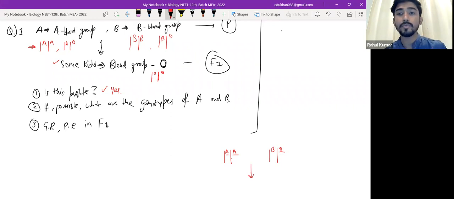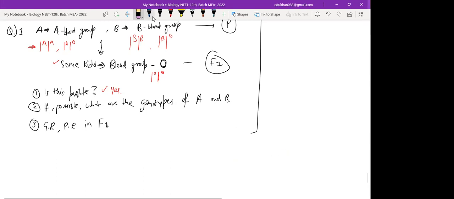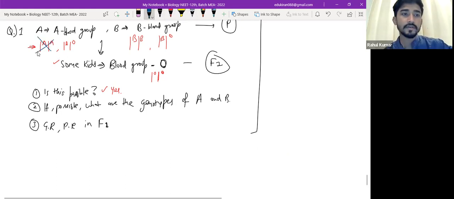To have a blood group O, you need at least one allele of O from both the parents, which means no antigen. You understand, everyone? So this is not possible. This and this is not possible, right?